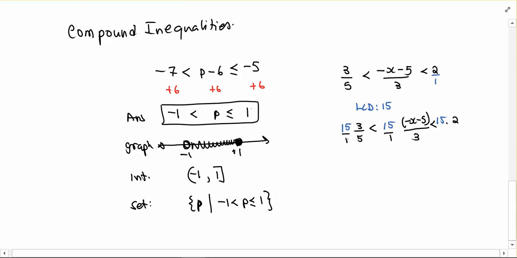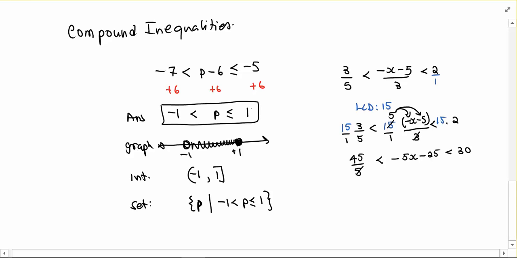So 3 times 15 is 45 over 5. And on this one here, we can reduce these fractions right there. It makes our life a little easier. And then distribute. So we would have minus 5x minus 25 less than 30.